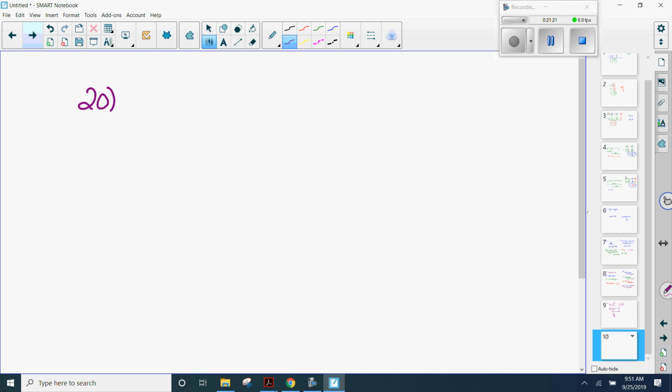So for number 20, you have a triangle that looks like this. This is Y, this is 58, and this is 60. You take 60 plus 58, and that gives you 118.